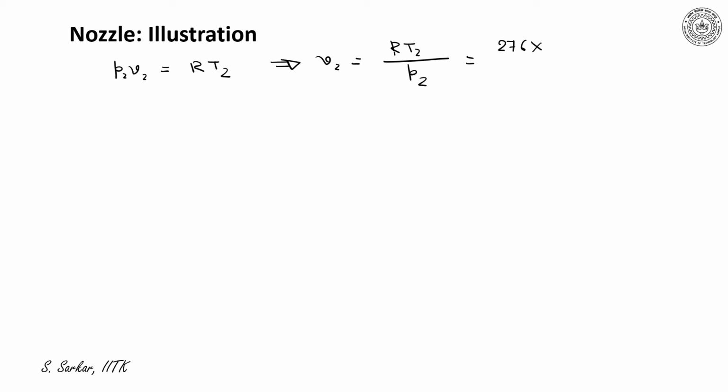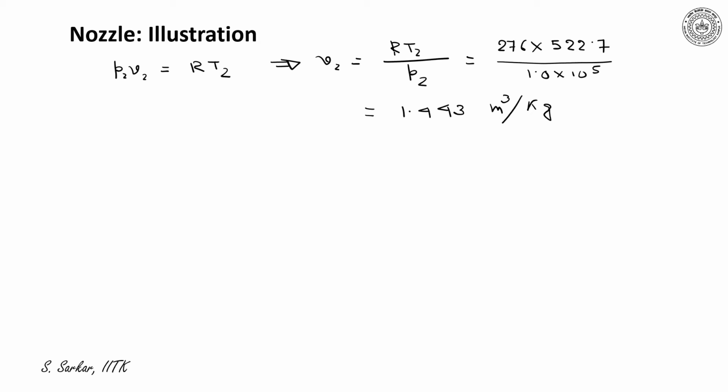The value of T2 that I have got is 522.7 and P2 is 1 bar, that is 1.0 into 10 to the power 5 pascals. Then I got the value of v2 as 1.44 meter cube per kg. So I have calculated the specific volume at exit of the nozzle.